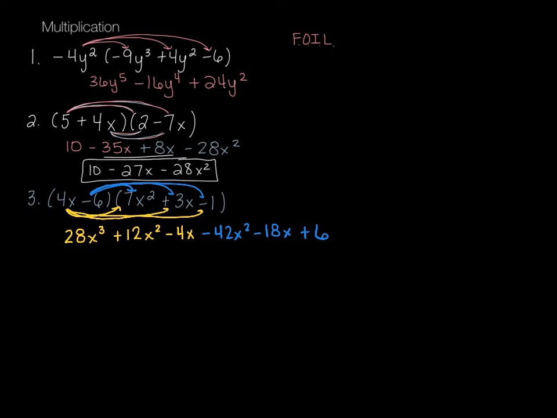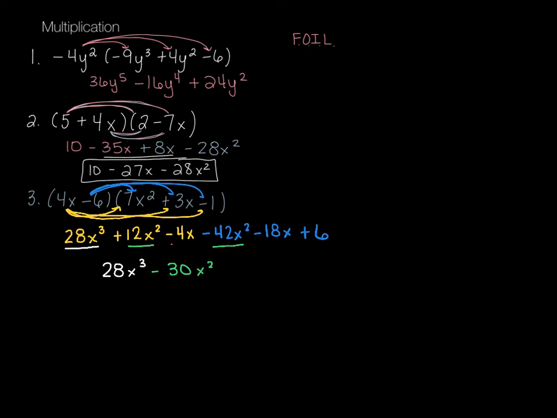Now I need to combine like terms. So I just have this 1x cubed, so it's going to stay 28x cubed. I have two x squareds I can combine. I have a 12 and a negative 42, which gives me negative 30x squared.